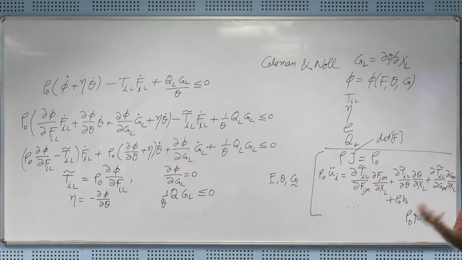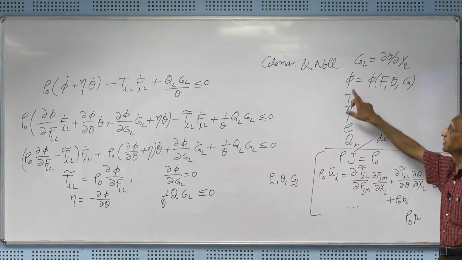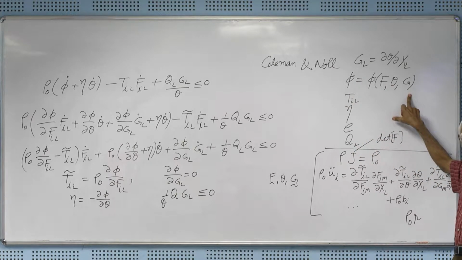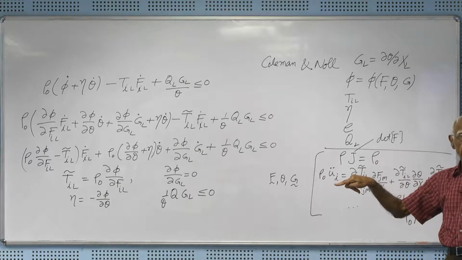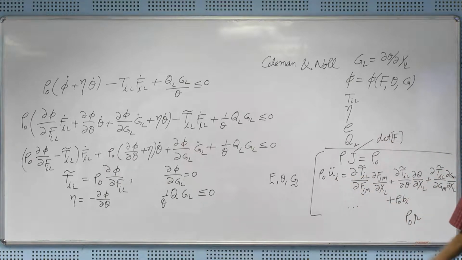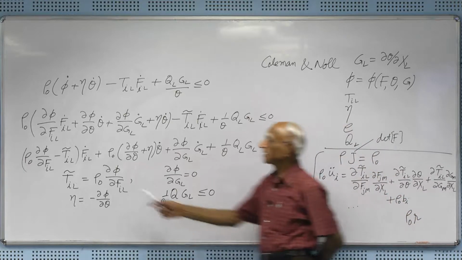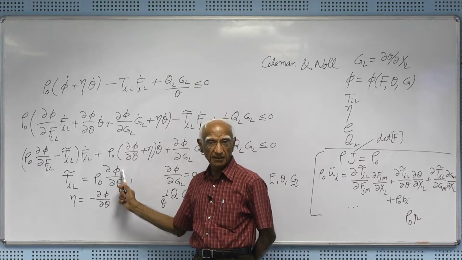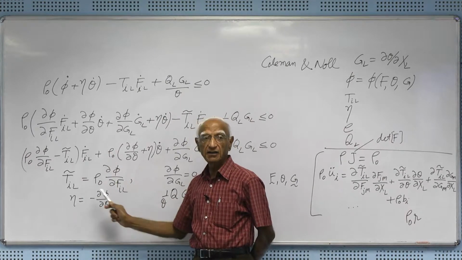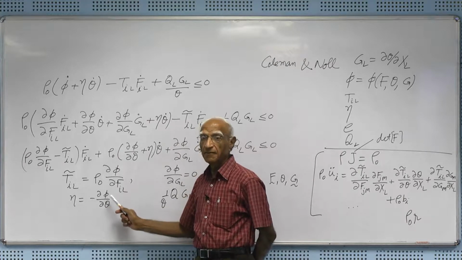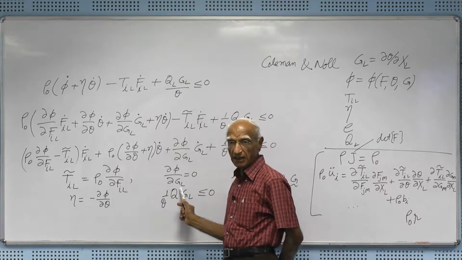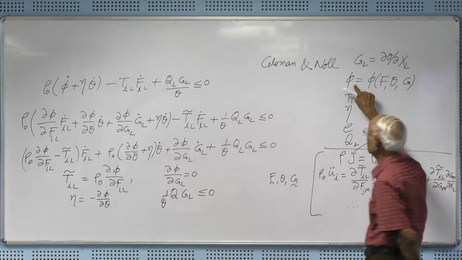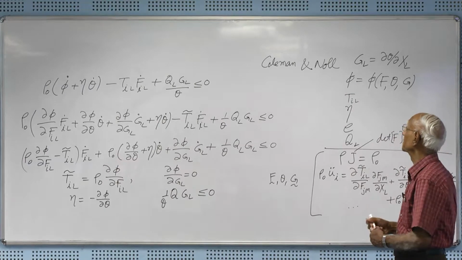What we define as a thermoelastic material is one for which all of these quantities depend upon the present values of F, theta, and G. What the entropy inequality, or the second law of thermodynamics, gives you is that these 9 quantities can be derived from the free energy phi. Entropy can be derived from phi. Furthermore, phi cannot depend upon G_L. So if I know phi, I don't have to worry about these two.